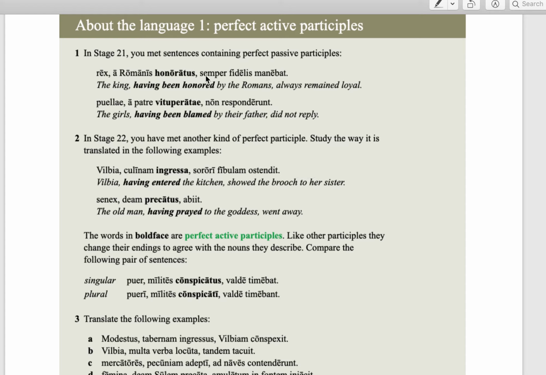It says, look, we already know perfect passive participles, right? Honoratus, having been honored. And now you're learning about these words that look like them. They look like perfect passive participles, but they mean, especially, having entered, not having been prayed to here, but having prayed. So, perfect active participles.